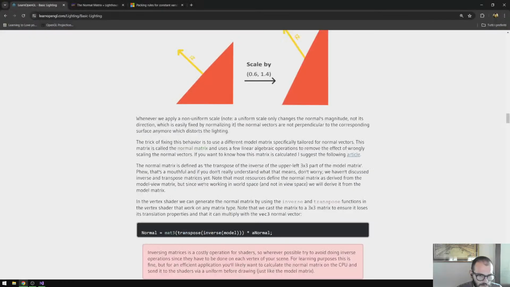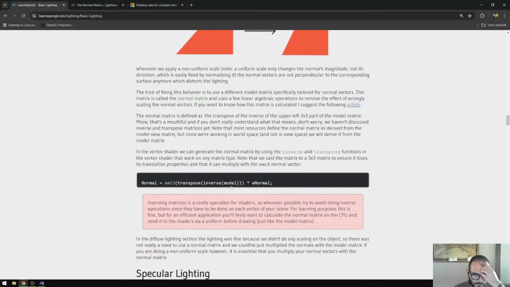How do we do it? Well, we take our model matrix. So it is the inverse internal function.